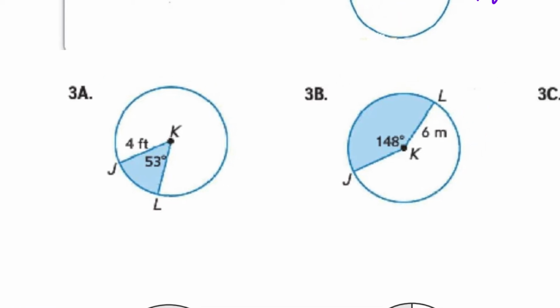So easy stuff here. We want to find the area of this shaded part right here. So we're going to go pi times 4 squared times 53 over 360. This is the r, the radius. This m is the measurement of the central angle of the shaded sector that we're looking for.